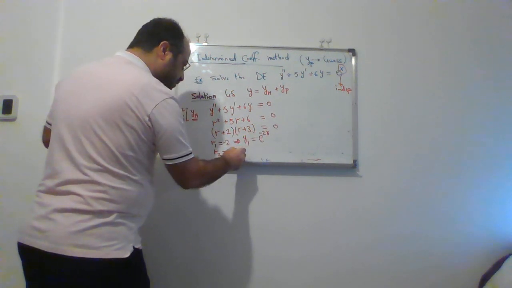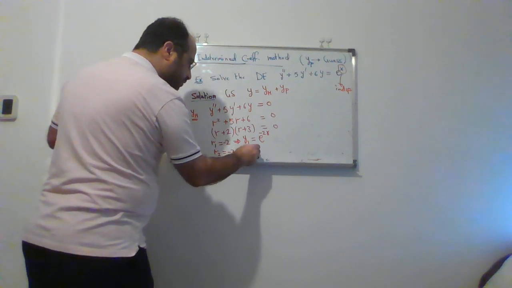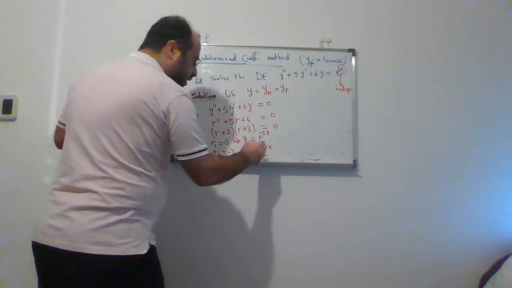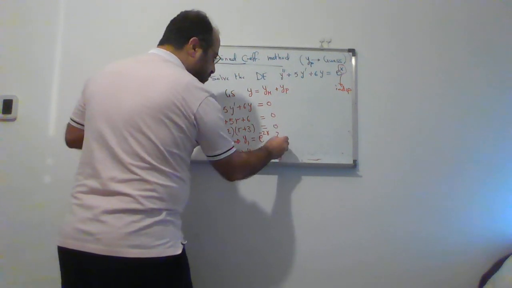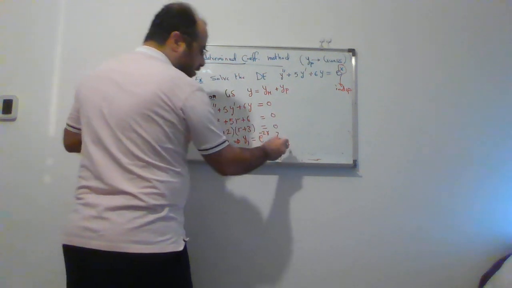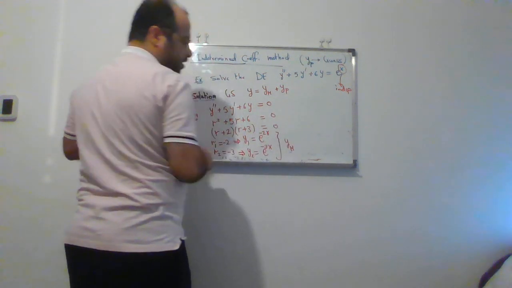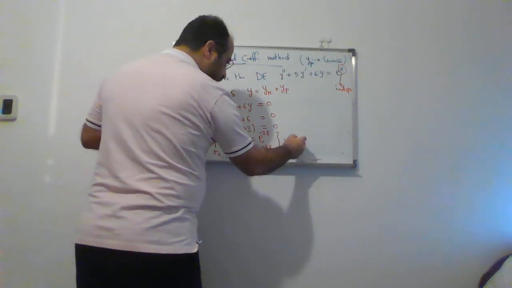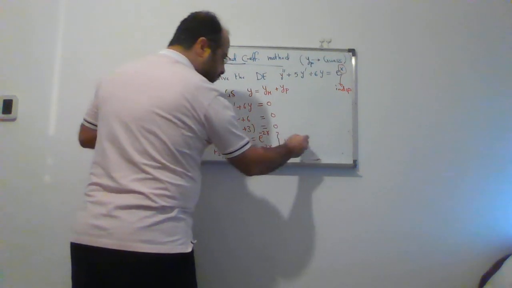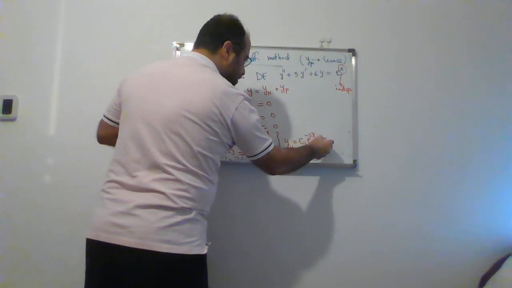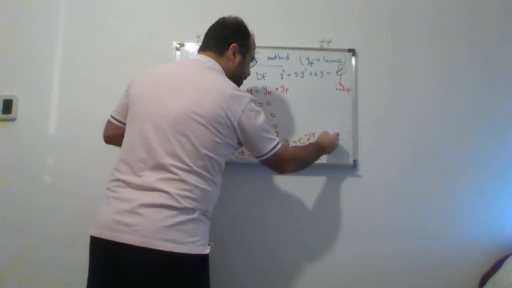And from the second one, you get y2, which is e to the minus 3x. From these two, you build the solution. I now have to call it y homogeneous: c1 times e to the minus 2x, plus c2 e to the minus 3x.